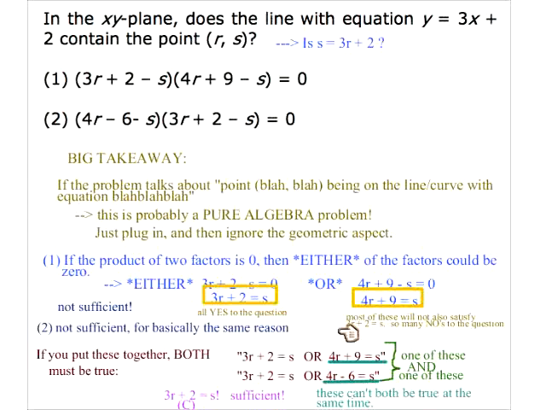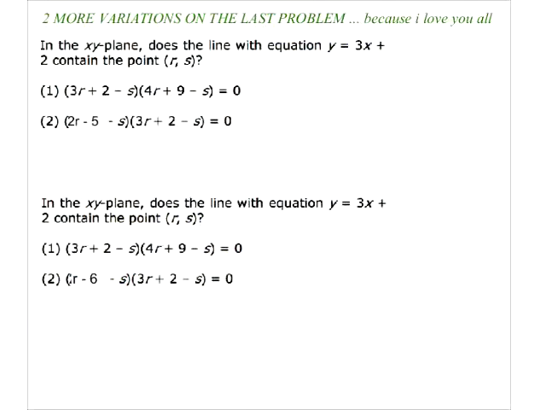Okay, so now because I love you guys so much, here's two more variations on the same problem. Since the problem is the same, we don't need as much of a time allotment. So I'll give you a minute 15 or a minute 30 for each part. Do the first part first. I'm going to cover up the second part.